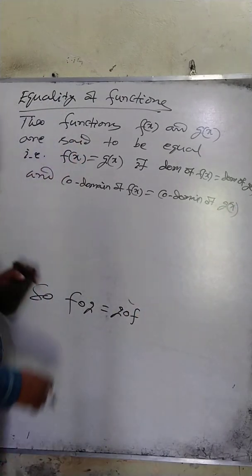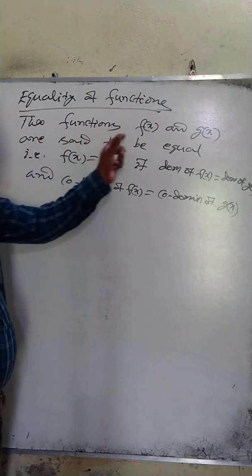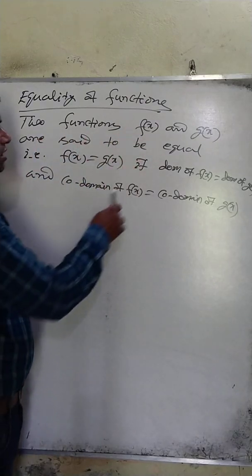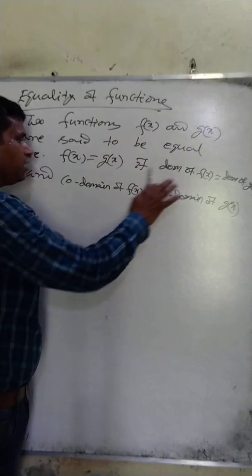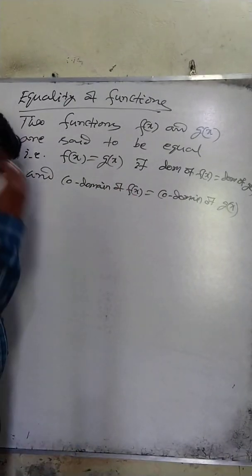Okay, what we see is that when two functions are equal, then their domains are equal and also codomains are equal.